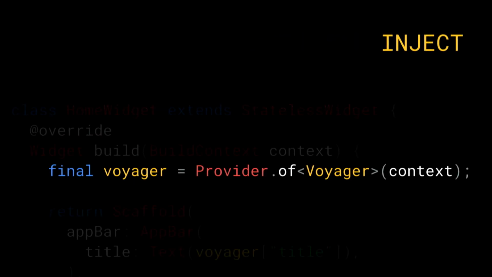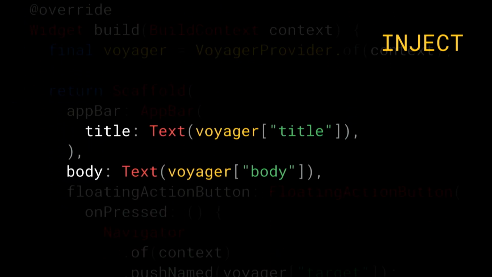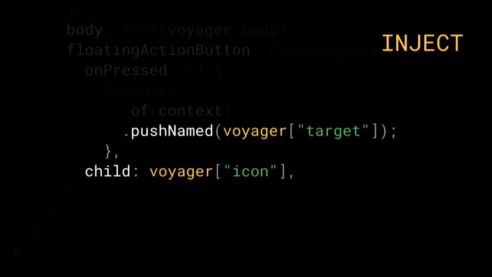But the bigger benefit of that is you can start using the generated Voyager provider. It's still using the normal provider underneath, but now it turns the key value map to strong type fields, which also give you type safety. And I think this is pretty good.